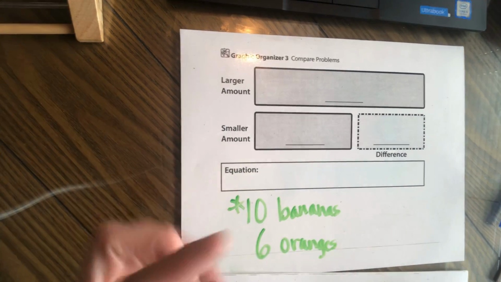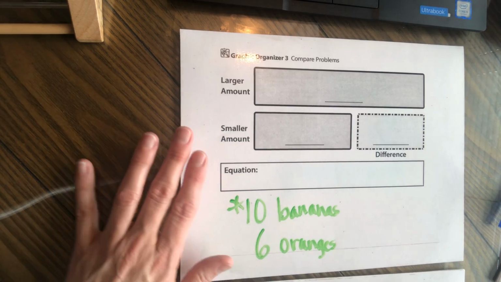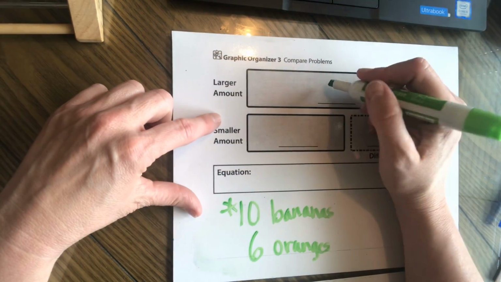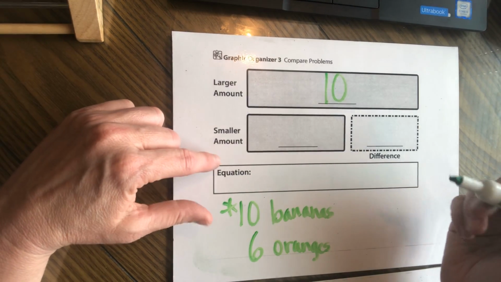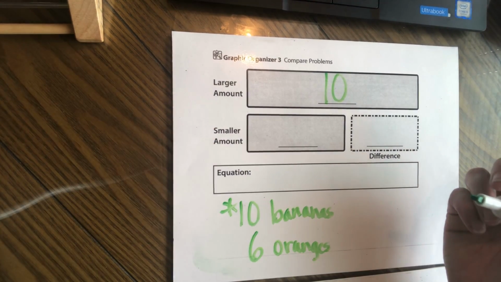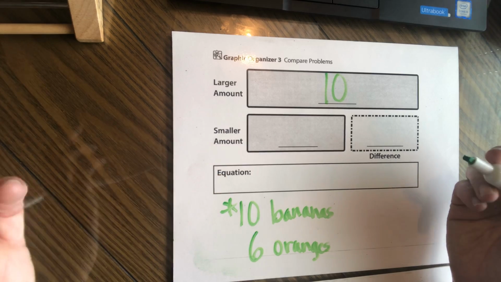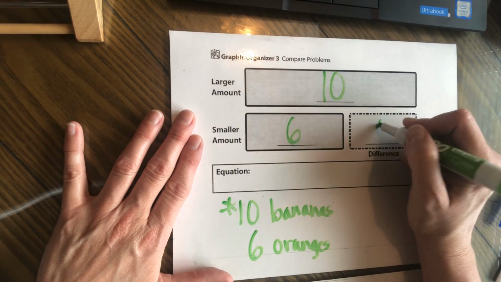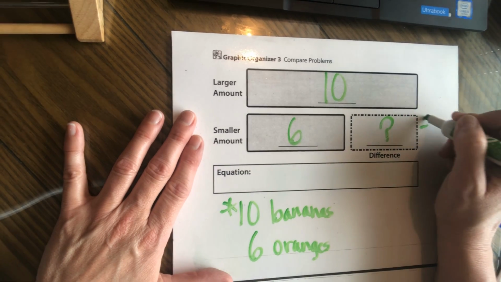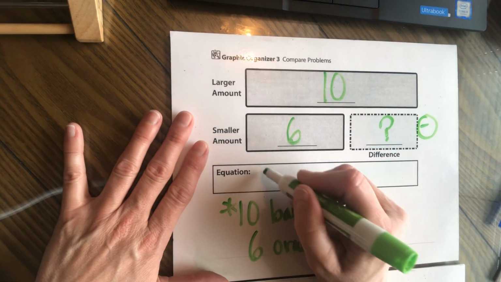Did he put more bananas than oranges? Yes, he did. And so 10 is the large amount. I want to know how many more there are. He didn't get more. It's just that there are more, and I'm comparing them. And 6 oranges, and I'm looking for the difference, which means subtract.